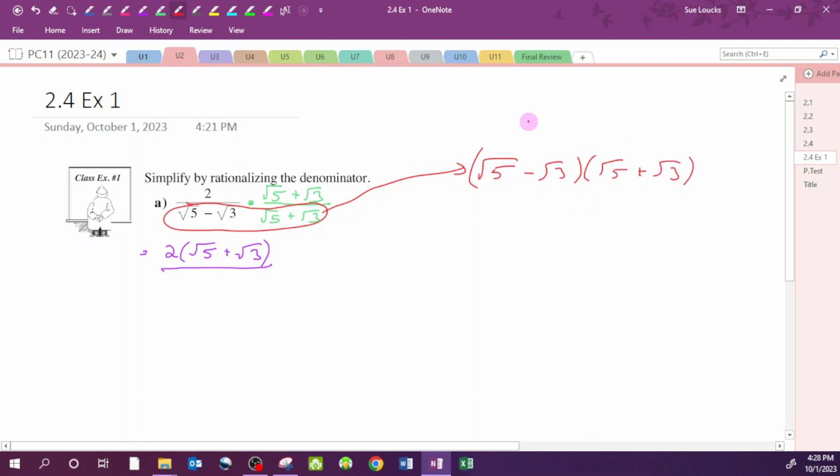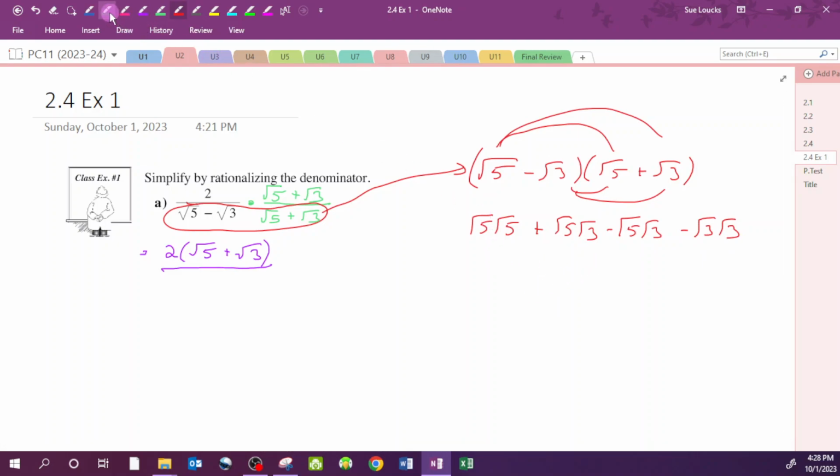Because I need to actually FOIL this. I need to go first times first, outer times outer, inner times inner, and last times last. So let's do that. I've got root 5 times root 5, and then plus root 5 times root 3, and then minus root 5 times root 3, and then minus root 3 times root 3.